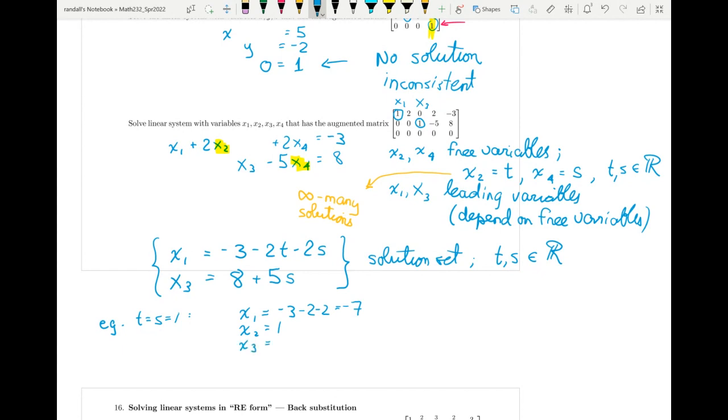My x3 was a leading variable, so it's going to be 8 plus 5, so it's 13 for that selection of s. And then my x4 was the s, which I selected to be 1. So I get this one point in the solution set being -7, 1, 13, and 1. And you can check that this satisfies those equations at the top there. That's just one of the infinitely many solutions I have.